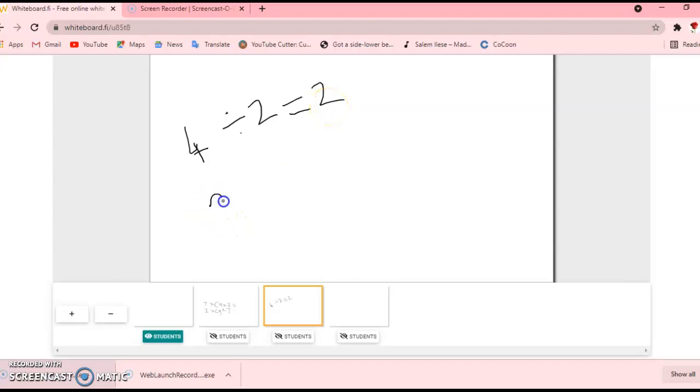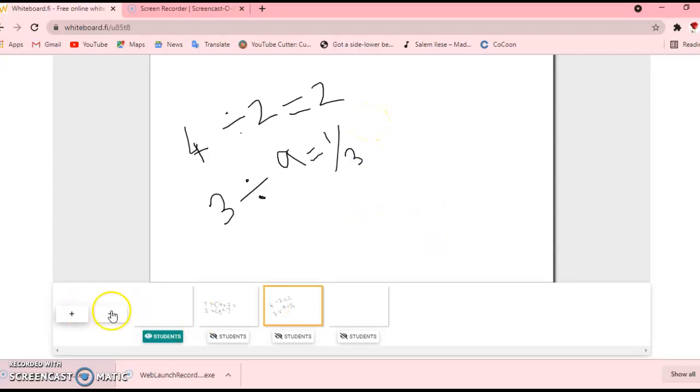Now 3 divided by 9 equals 1 by 3. 1 by 3 is not a whole number.